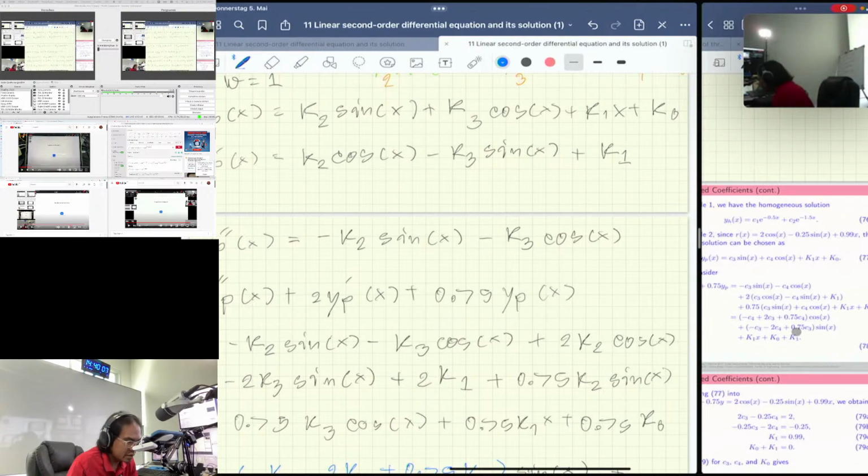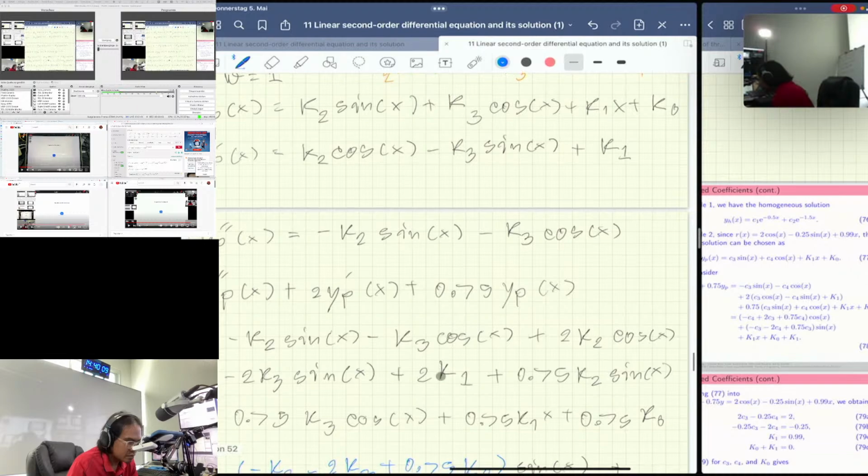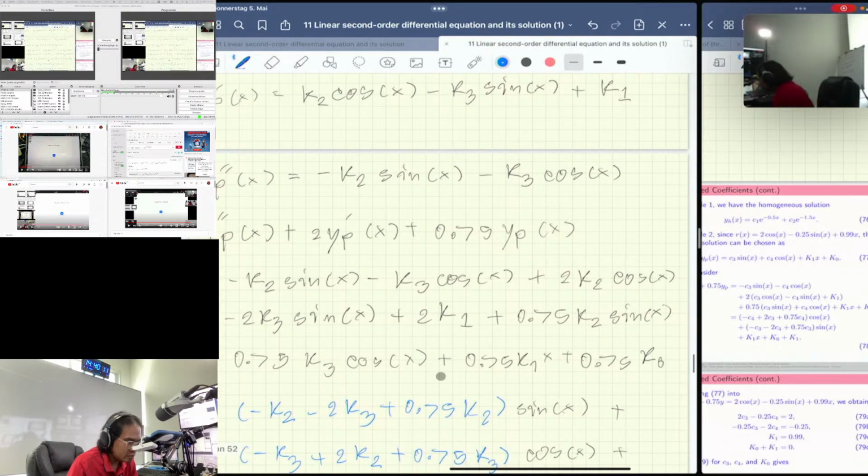C4 is K2. Maybe they are wrong here. Okay, we might be correct. Let's check. C4 cosine is negative. Yes.